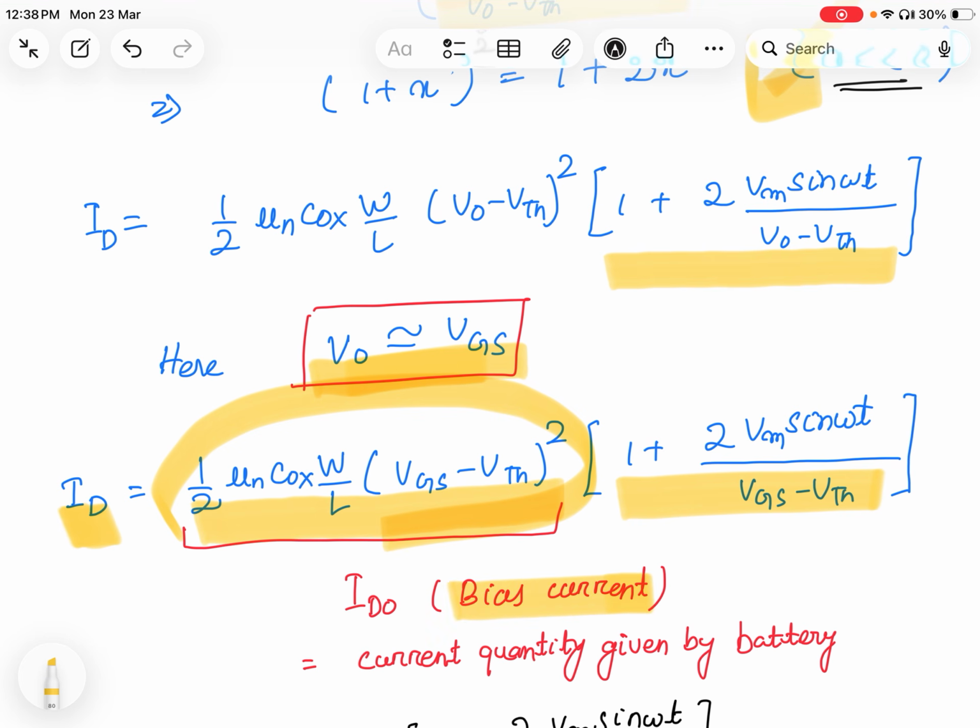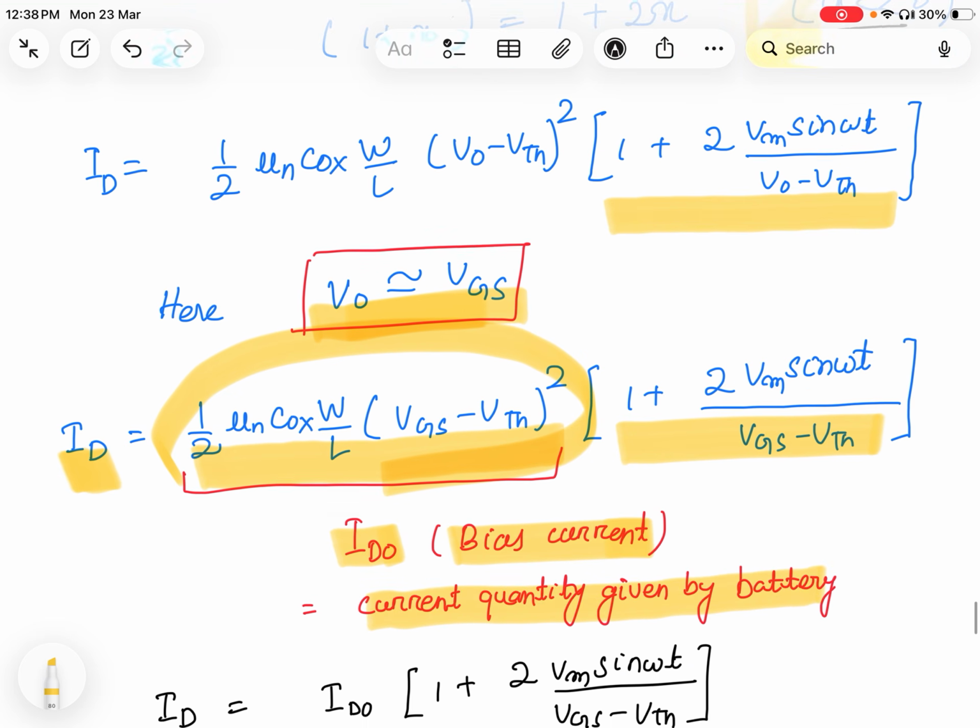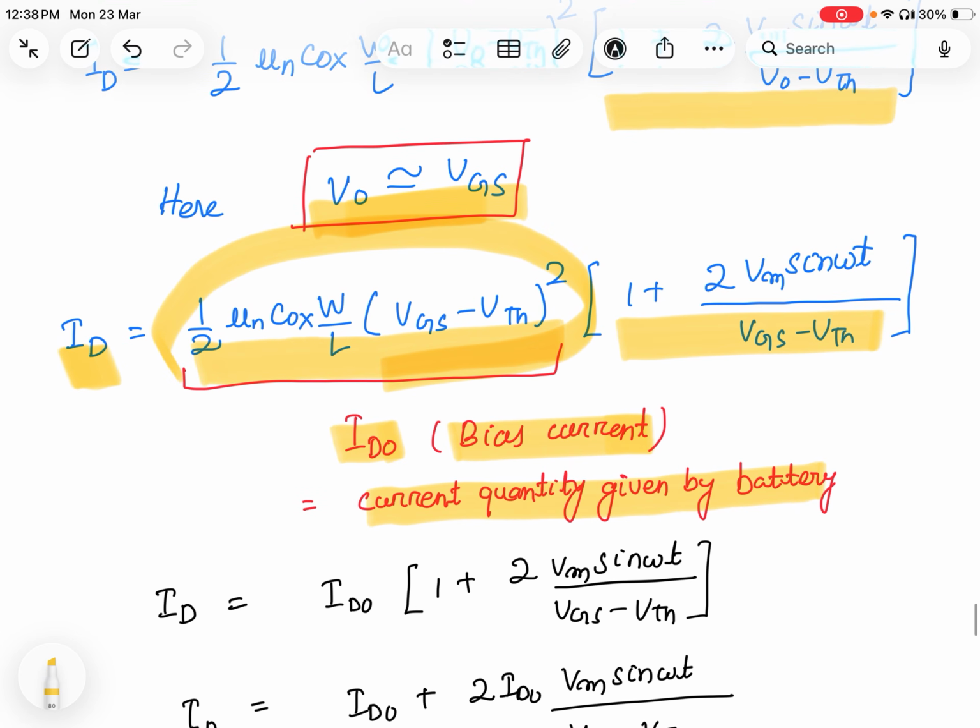So I'll name this ID0, the current given by the battery or the DC source.